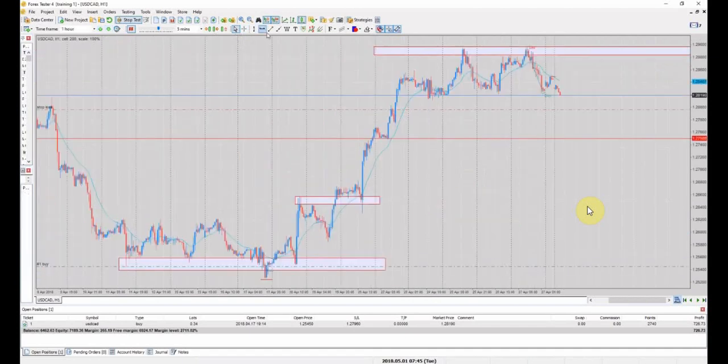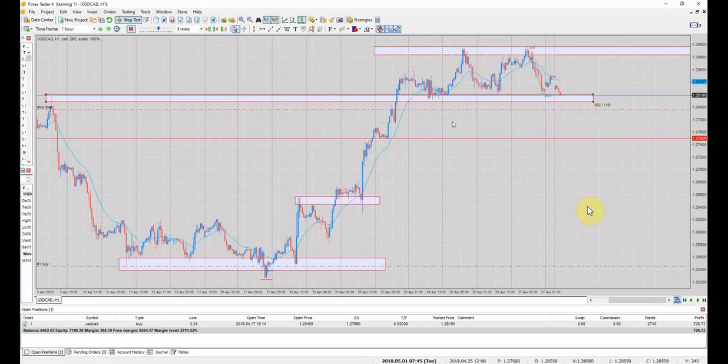Because we find that structure in 15 minutes, right? And actually it coincides with our resistance, the measured move that we drew. It coincides with our support, the broken resistance that transformed into a support right now. And the price is holding in this area.